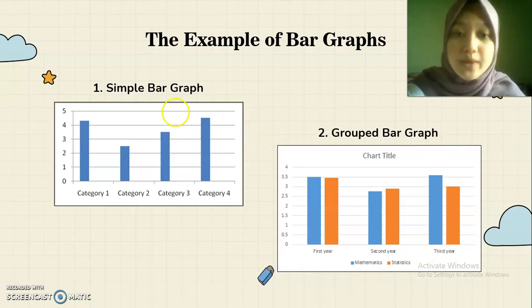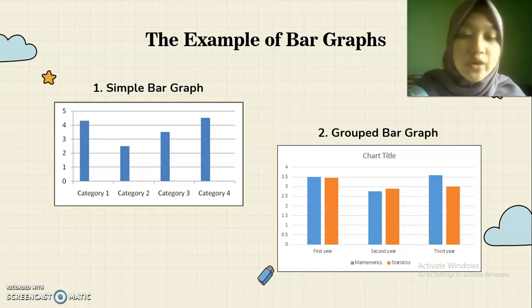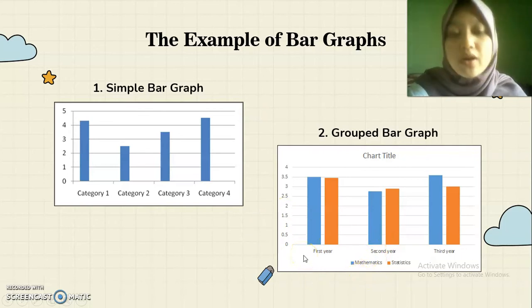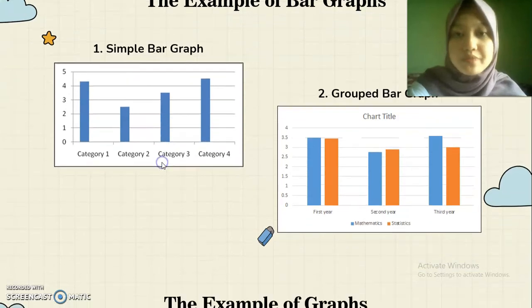And the group bar graph is used to show more information about variables that are subgroups of the same group, with each subgroup's bars placed side by side like in a histogram. For the example that I took, this is the average CGPA of students in the mathematics and statistics department of an institution.